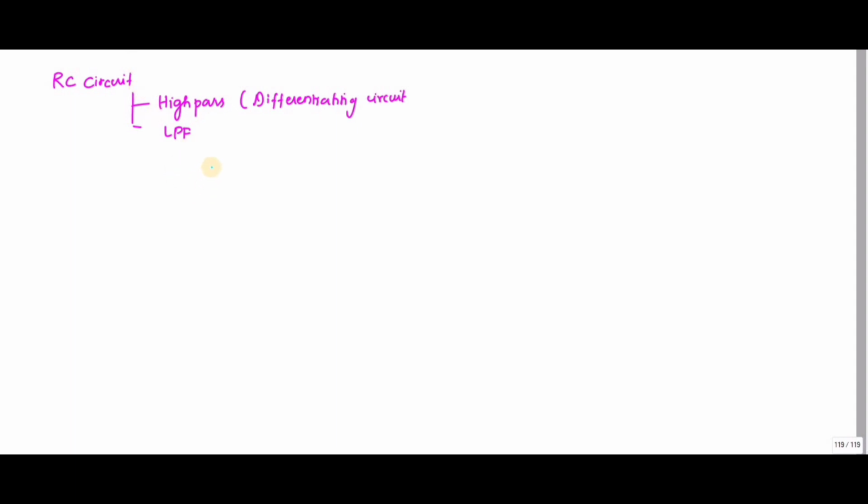It consists of a capacitor followed by a resistor. Here you have an input voltage, and this is the output voltage.